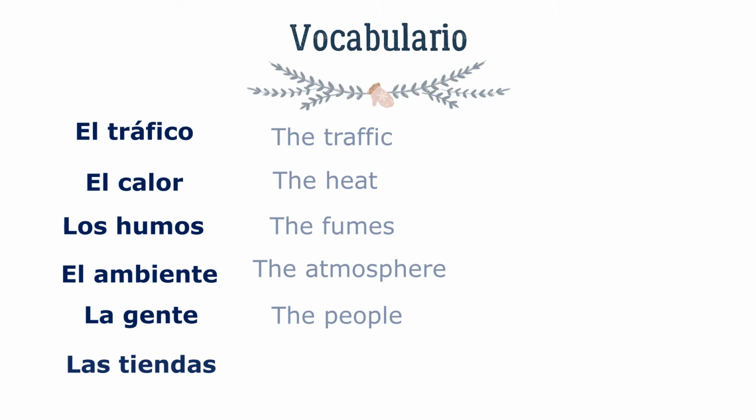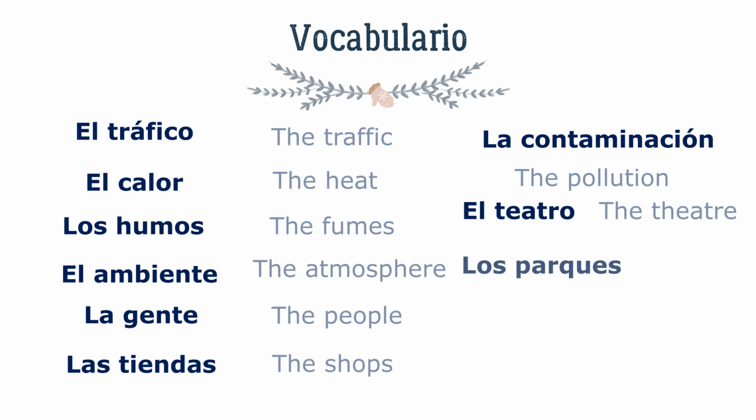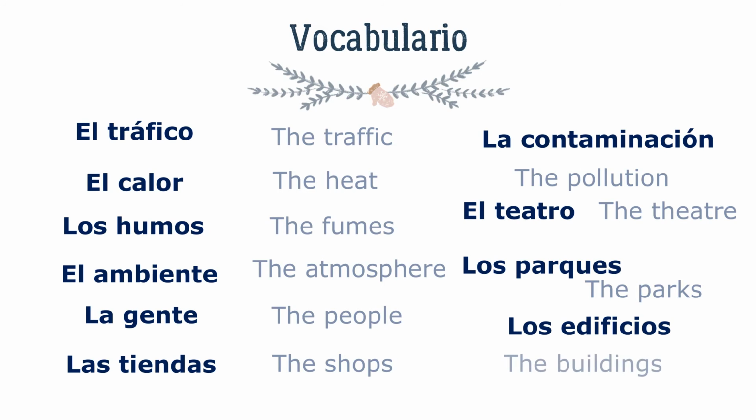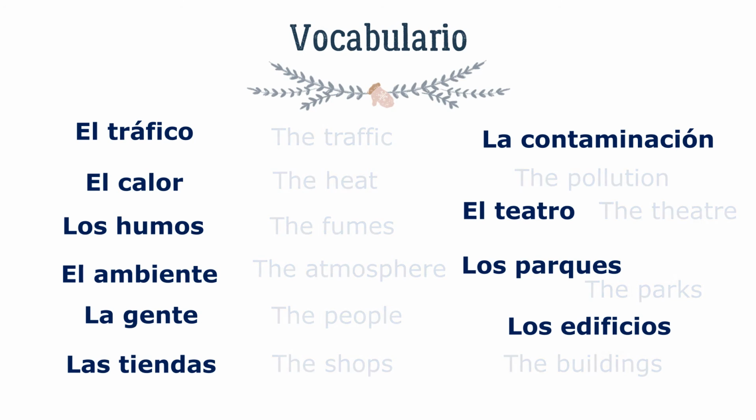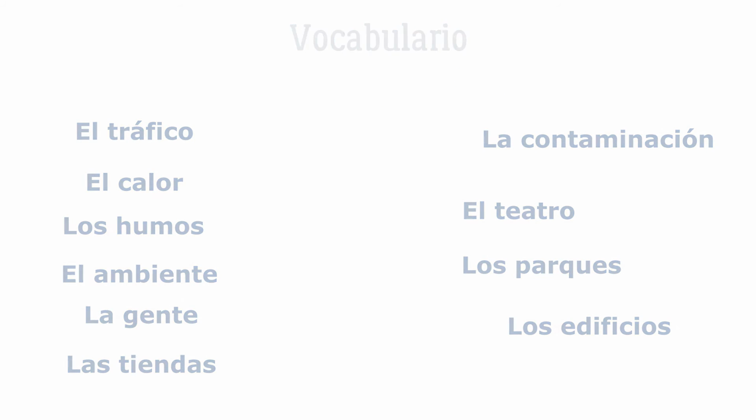Las tiendas, the shops. La contaminación, the pollution. El teatro, the theatre. Los parques, the parks. Los edificios are the buildings. And you can classify all of that vocabulario for the place where you live into lo bueno y lo malo.